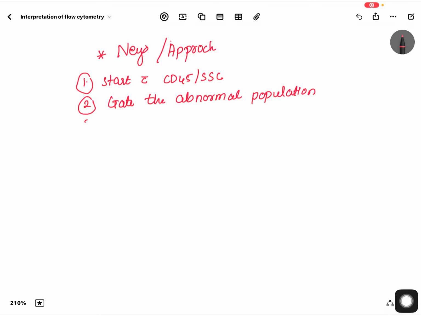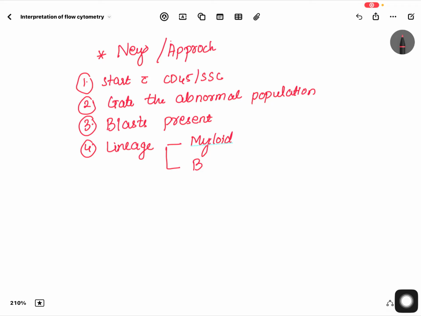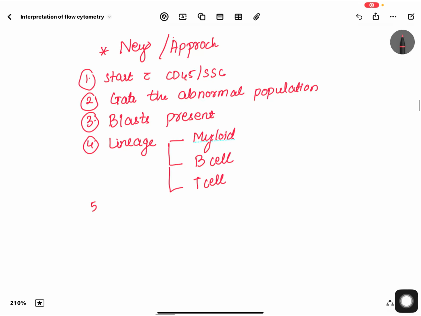Then we see if any blasts are present. Then we check for lineage. It can be myeloid lineage, B cell lineage, or T cell lineage.